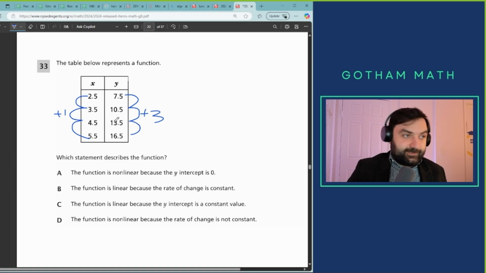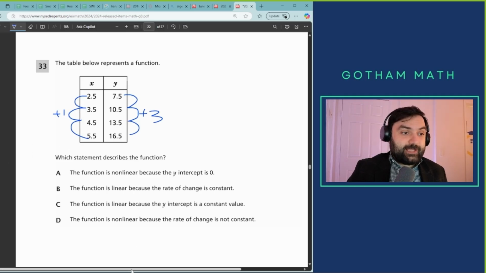It's all constant change. That means that B will be our answer. The function is linear because the rate of change is constant. Constant can be interpreted as the same. So is the change the same everywhere? Yes, it is. All right, so we're not even going to discuss the answer choices C and D, just to save time and because we already found the correct answer.